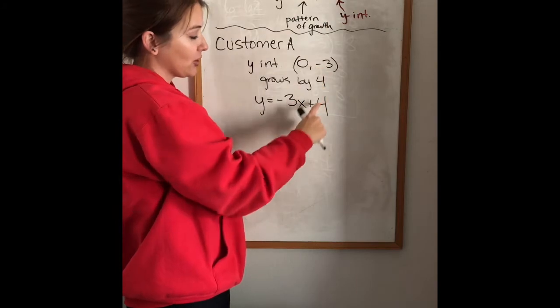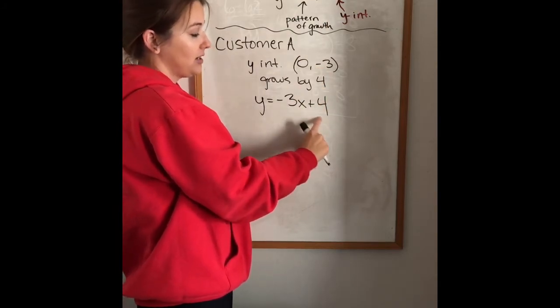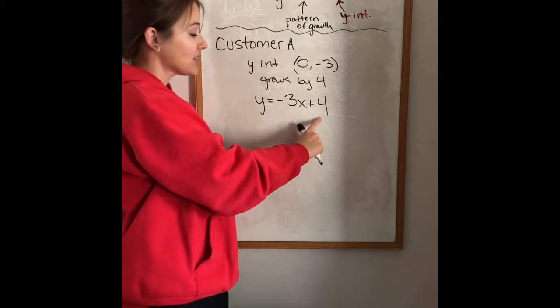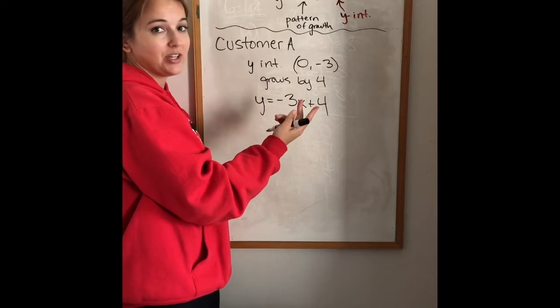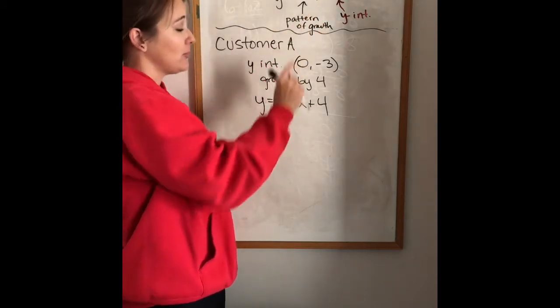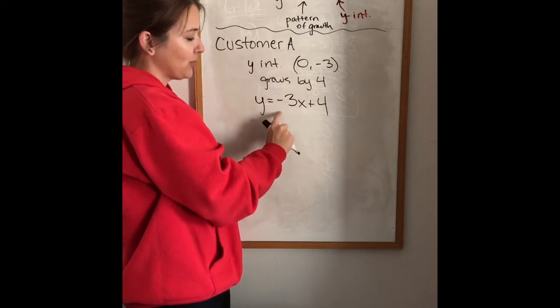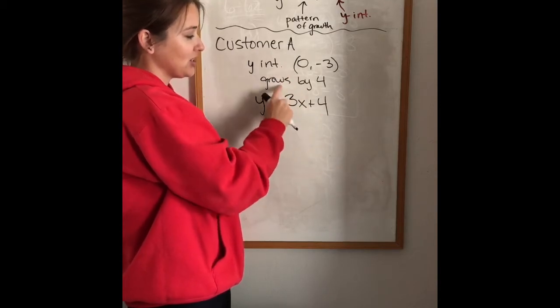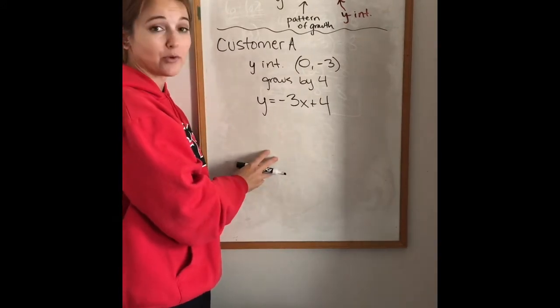And I'm looking at her equation, and it doesn't look like it's -3 right here. So it looks like she's incorrect, and it looks like she flip-flopped the mx and the b. So instead of putting the y-intercept at the end, she put -3x, and then she put plus 4 because she thought that that's where the pattern of growth goes.